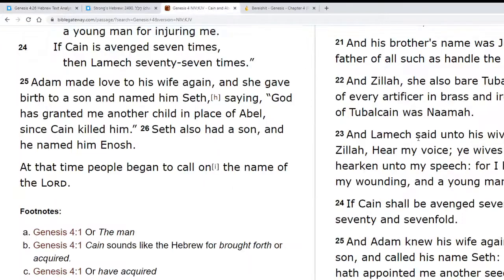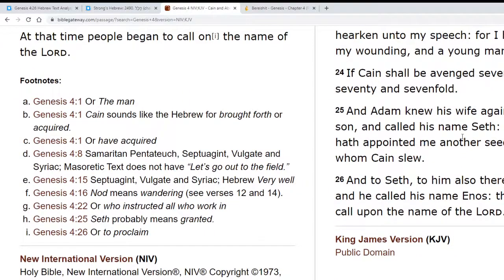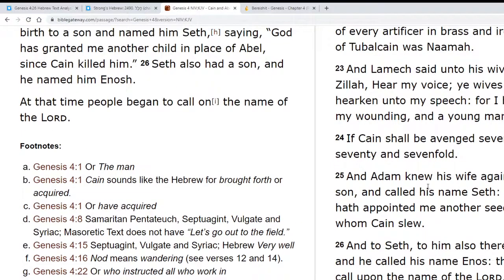Let's see what King James does with this verse. And to Seth, to him also was born a son, and he called his name Enos, I guess it's Enosh. Then began men to call upon the name of the Lord. Okay, let's see what NIV says. Seth also had a son, and he named him Enosh.